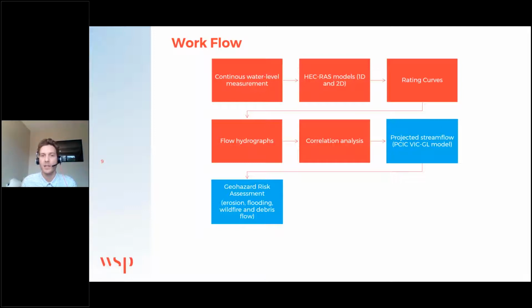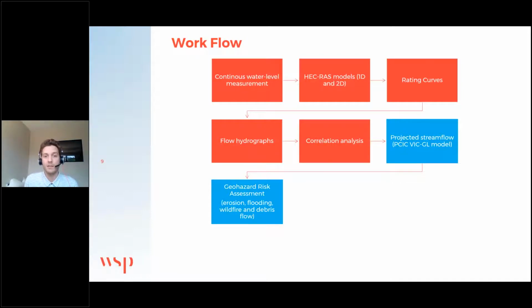The goal of the HEC-RAS models was to extract rating curves, the relationship between water level and flow, to then develop flow hydrographs over the period of record, and then try to develop correlation analysis with other active hydrometric stations in the area.